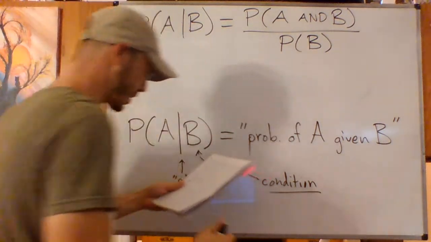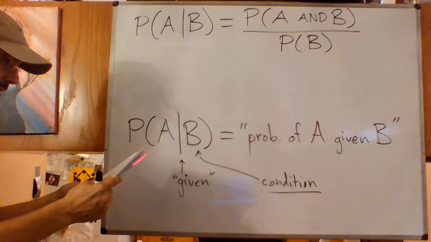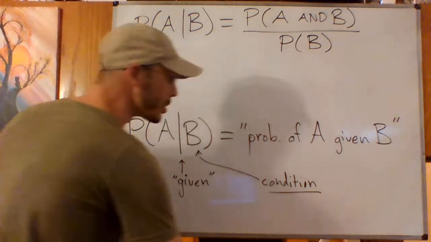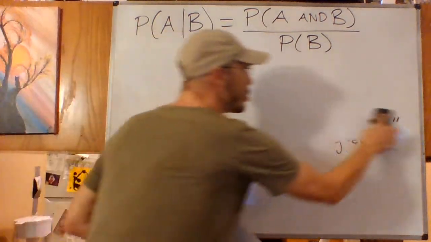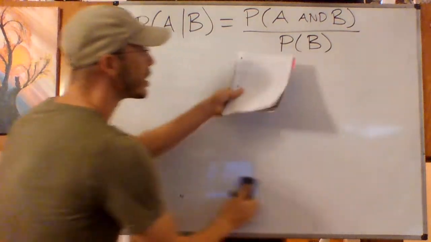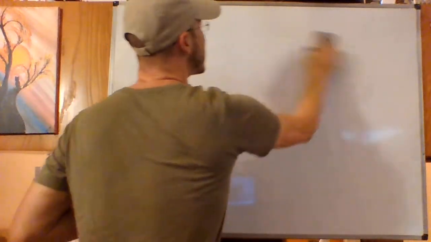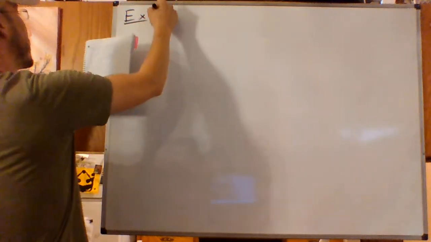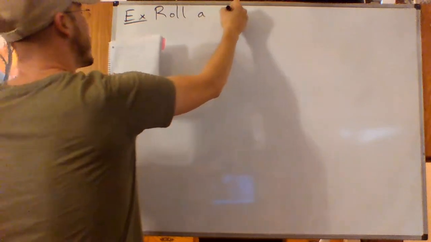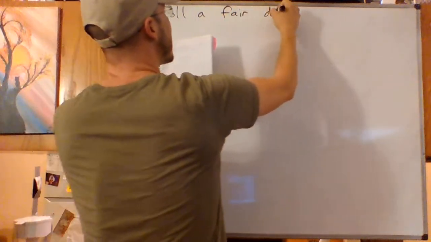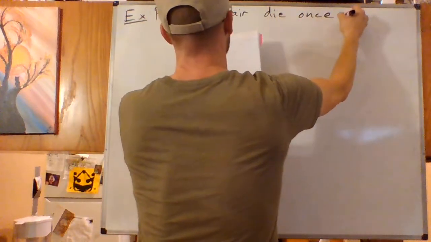All right, so I have an example that I want to take up the whole board for. We're going to use this formula, and I'll write it down again when we need to use it. So for this example, roll a fair die once.